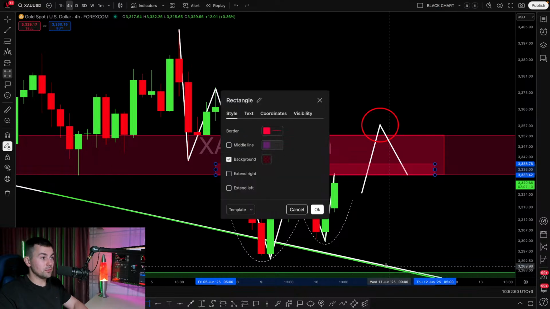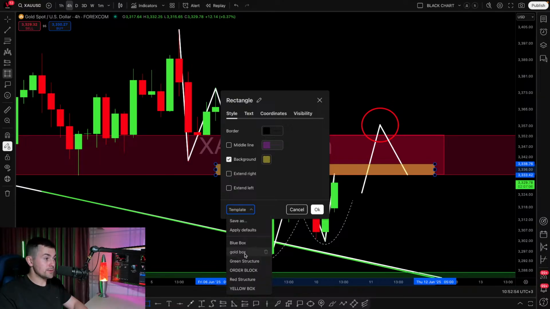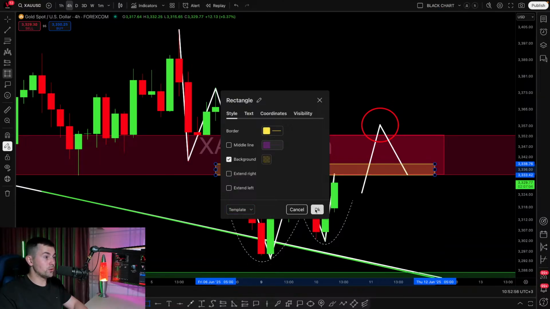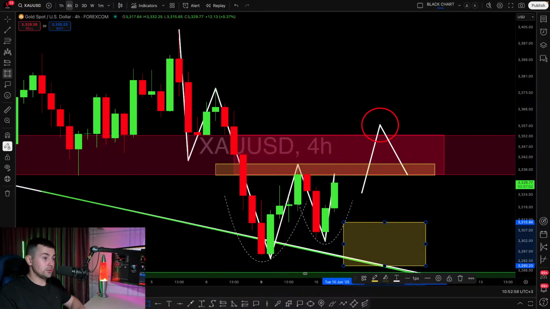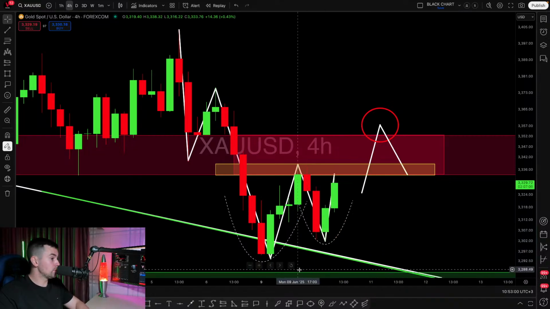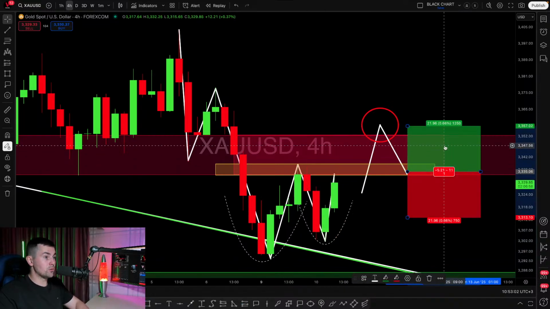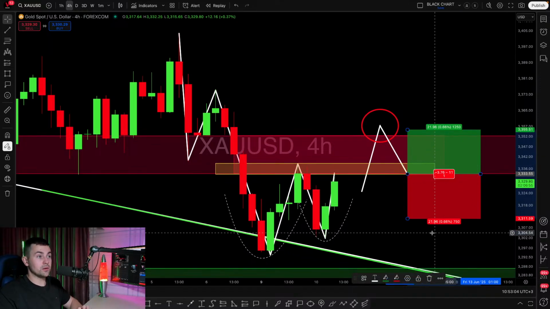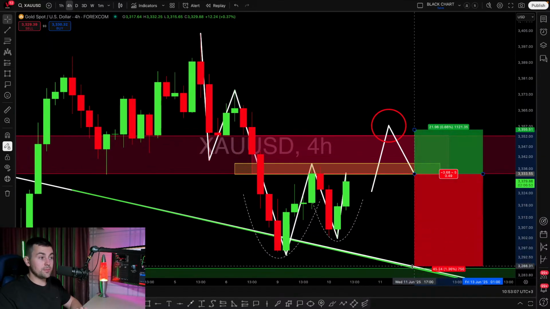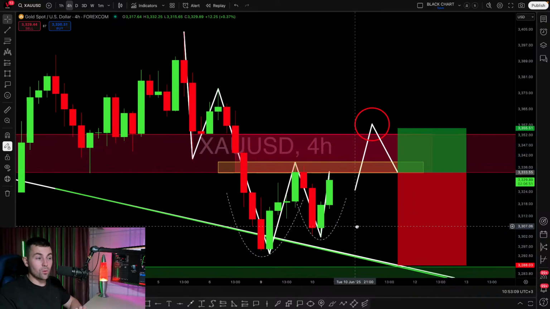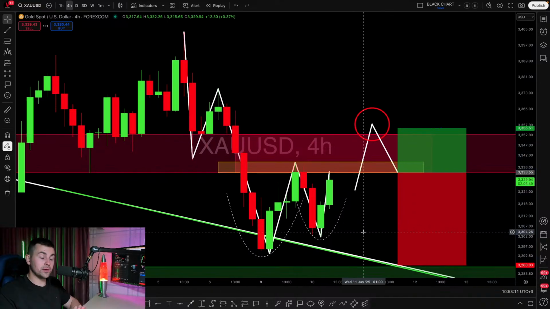Yes, that will give us a very objective, rule-based entry for our swing long trade. And then we can buy right here. We will set our stop loss strictly below the lows of the pattern. That will provide a very safe stop loss for the trade.